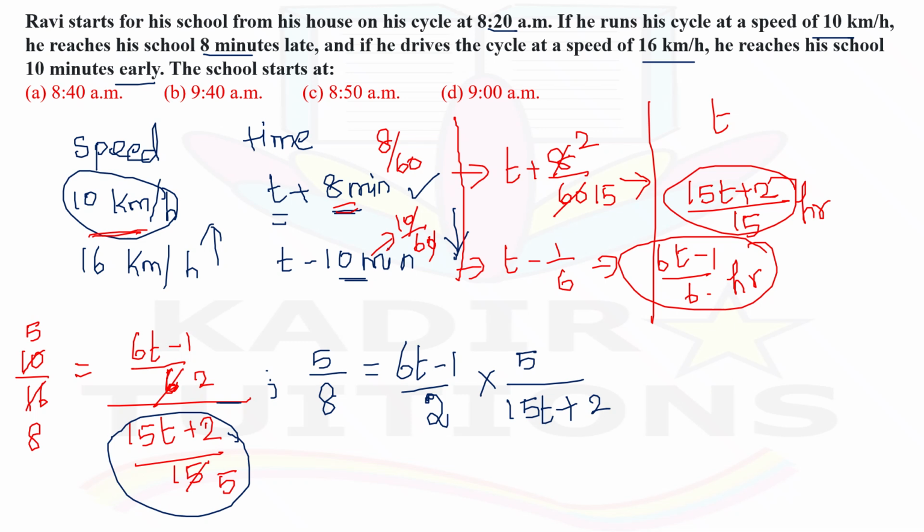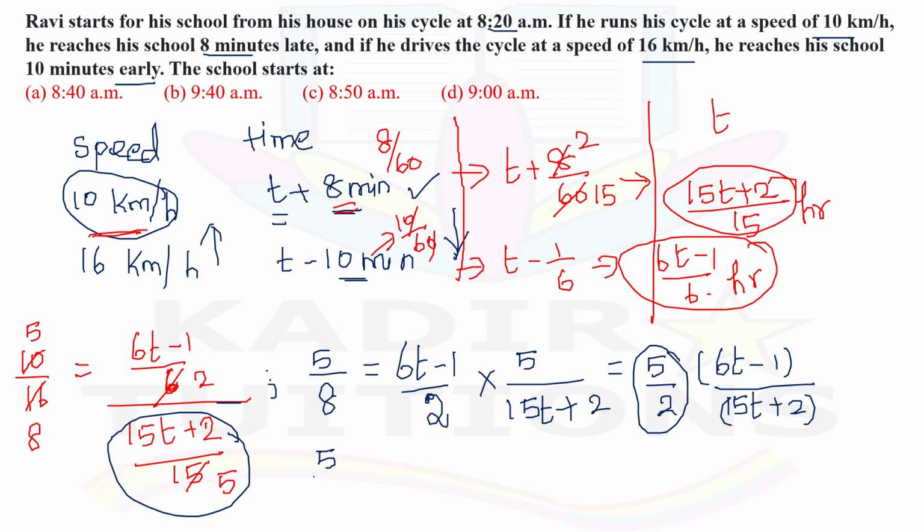So now we are going to solve this one. Here I can write this as 5 by 2 and the numerator as 6t minus 1 divided by 15t plus 2. Why I have split this constant fraction separately means I can move this 5 by 2 to the LHS, right? So that is what we are going to do.